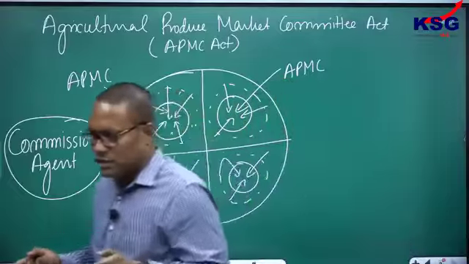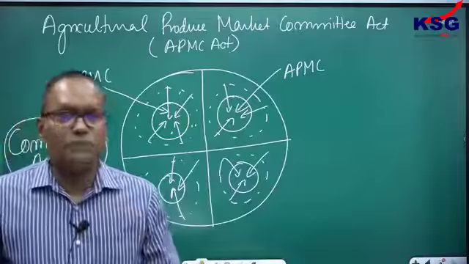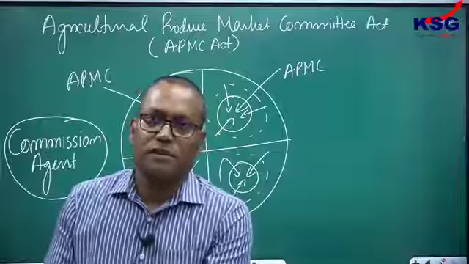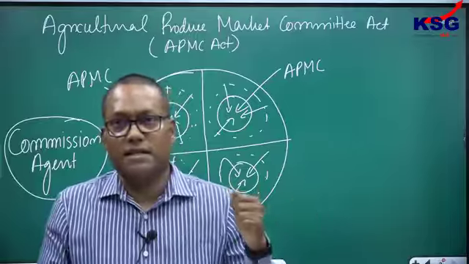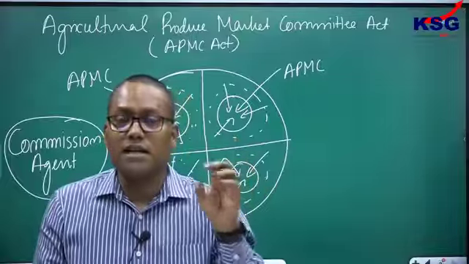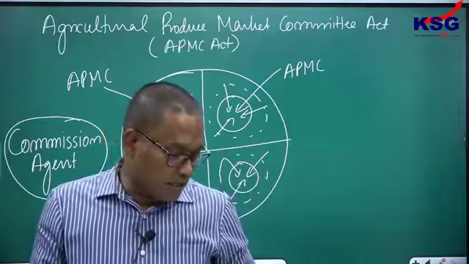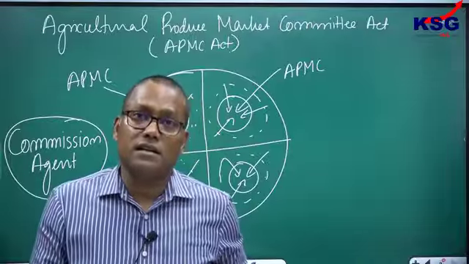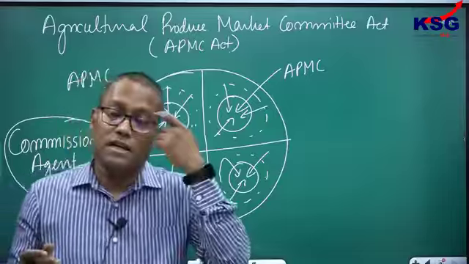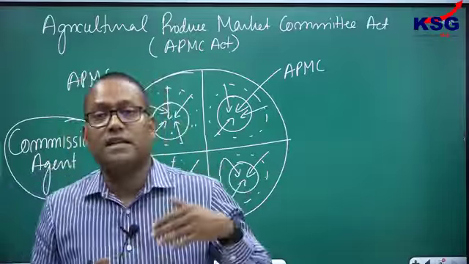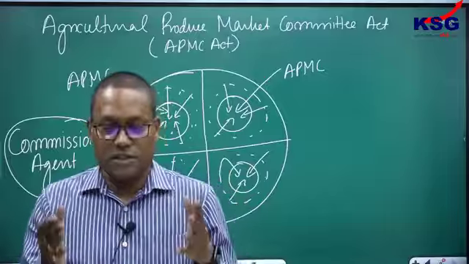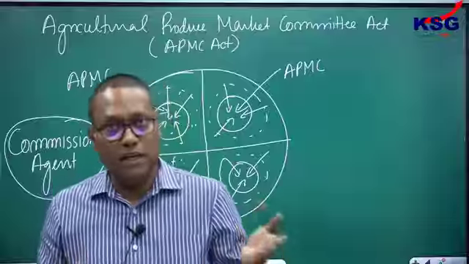This whole structure was made to provide benefits and protect the interest of farmers, but finally started exploiting them. Government increased the taxes, so farmers had to pay more. Commission agents started charging high commission. And the worst part is that they started making a cartel, buying at low prices and selling at high prices. All these things started happening in this structure and went against the farmers.